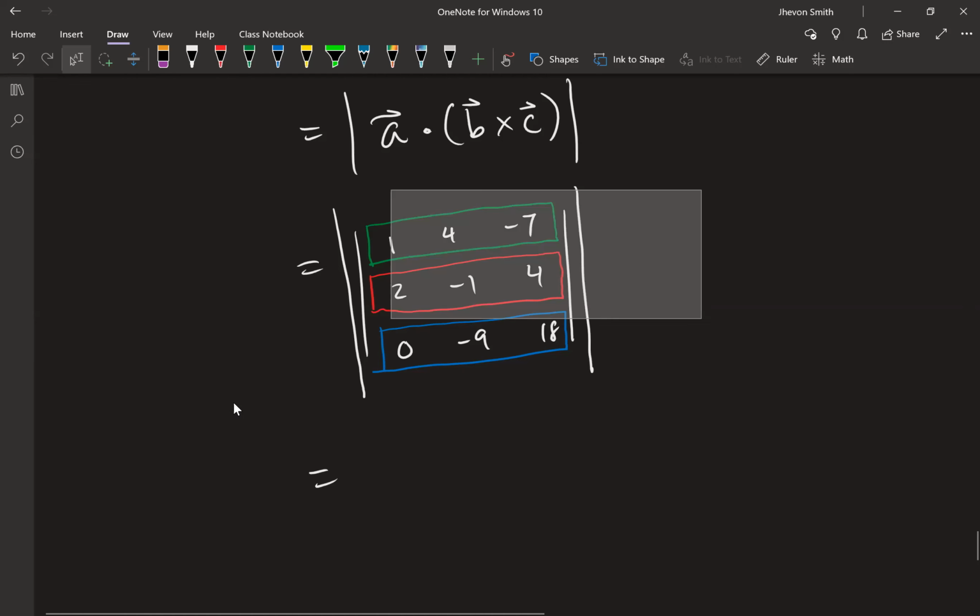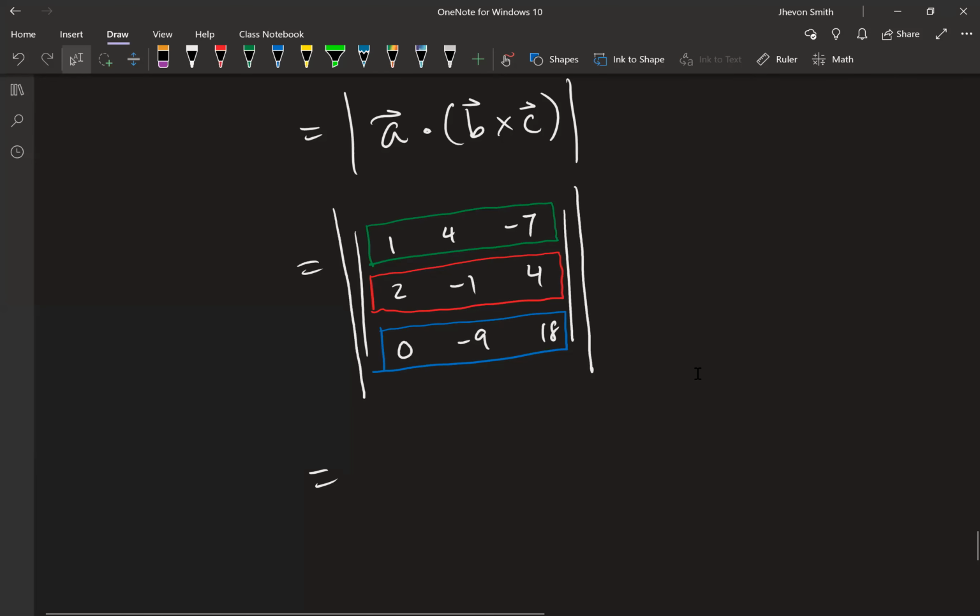Anyway, what is this? Find that determinant. I'll give you guys 2 minutes to do it. Okay, focus on that determinant. I want to make sure that everyone can actually find it. 2 minutes, then tell me the answer, and then we can get out of here.